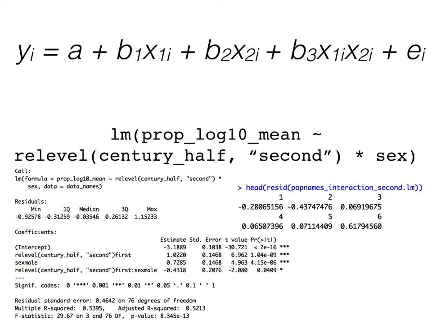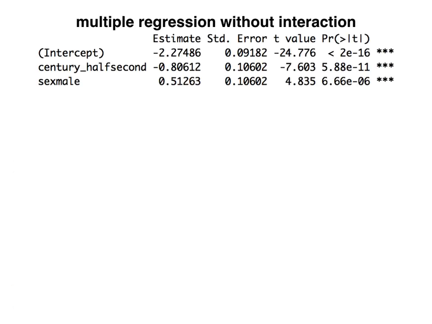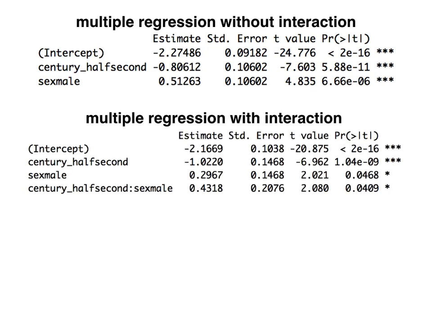To really understand what's going on though, let's compare all of our multiple regressions. First, we have our multiple regression with no interaction, and our multiple regression with the interaction. Comparing the estimate for the effect of century half in our first model to our second model, we see that the effect is larger, a larger estimate in our second model.